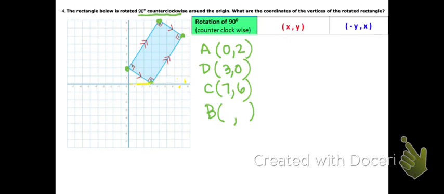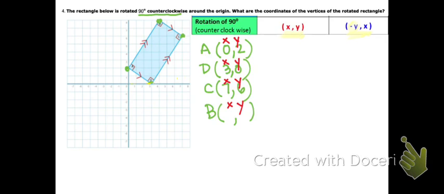And then for each of these, you want to apply this rule. So again, this is our X and our Y. And what the rule is saying is the X and Y change spots, and the Y is the opposite sign. So we need to change the spots.